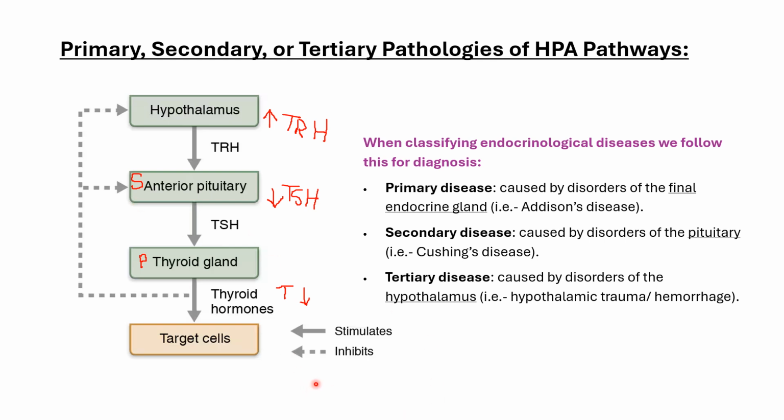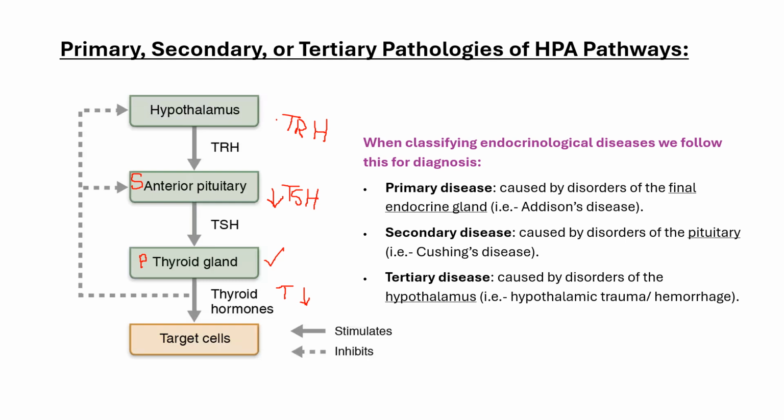Now let's consider a third scenario. The third scenario is this: the thyroid gland is working fine, the anterior pituitary is also working fine. The problem is over here. So now let's see what will happen. Let's start from TRH.